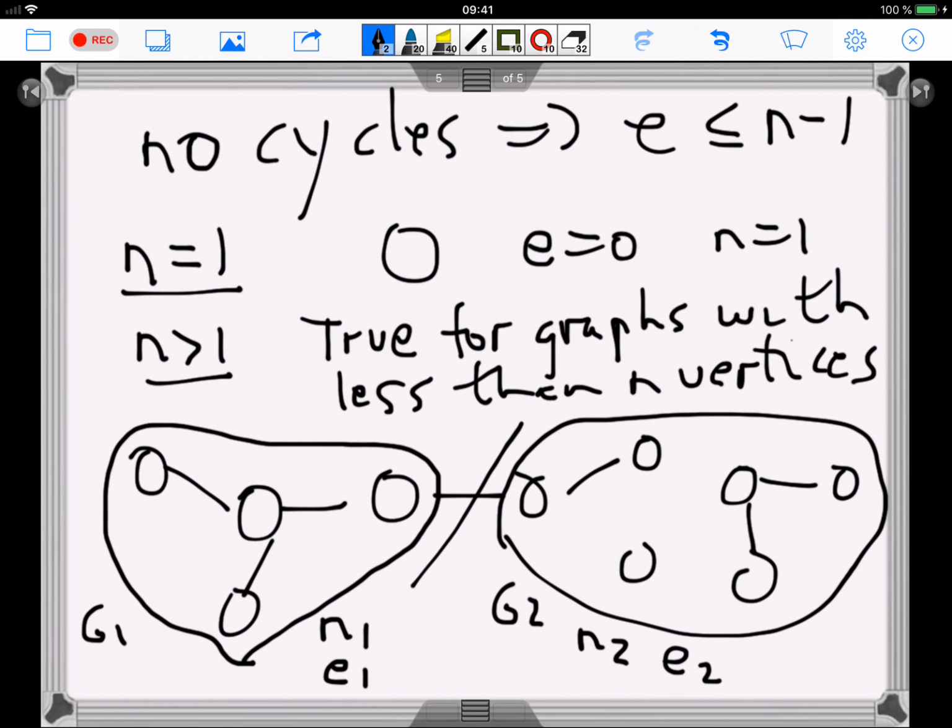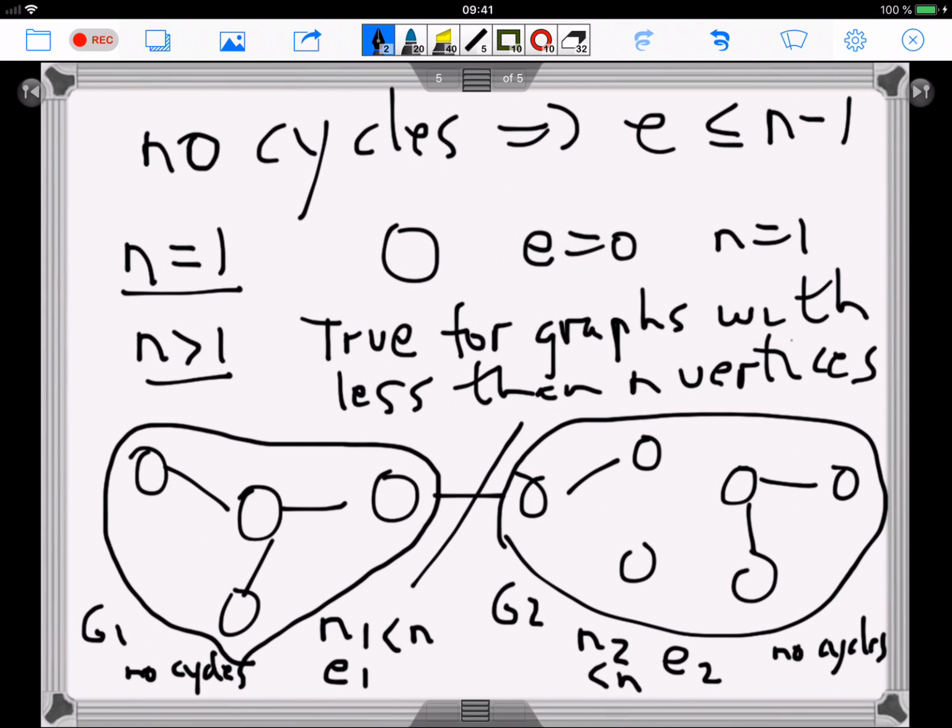We know that, of course, n1 is less than n, and n2 is less than n. We also know that there are no cycles in G1 and no cycles in G2, because if there were cycles in any of those parts, then the whole graph would have cycles, and we are supposing that the whole graph does not have cycles.